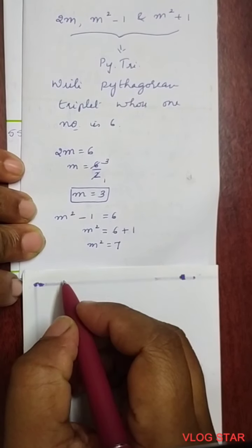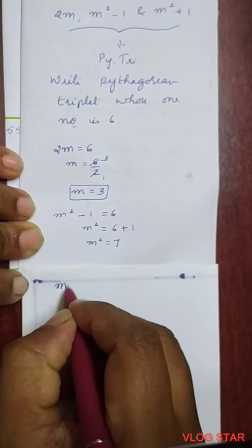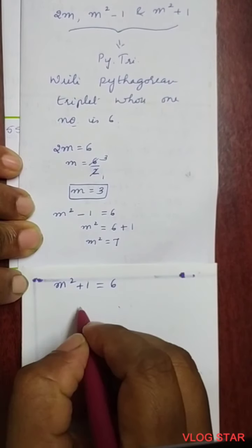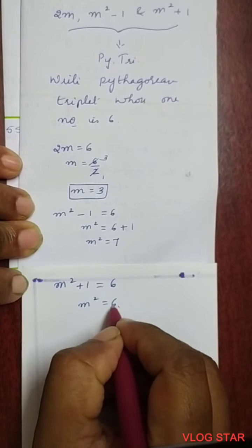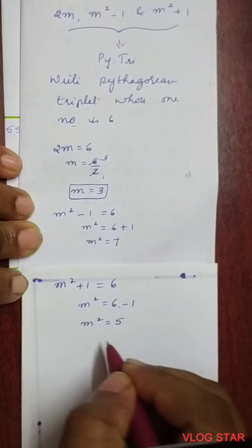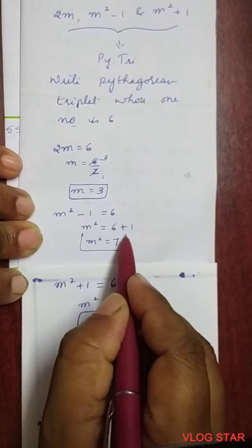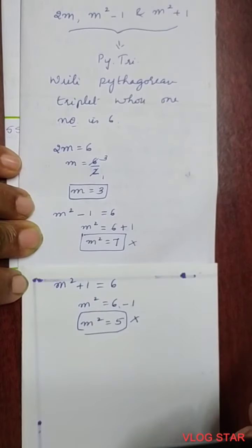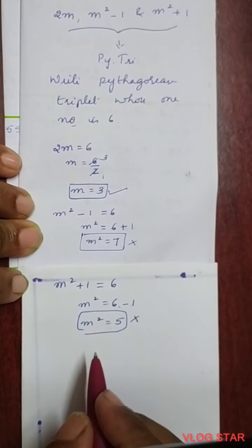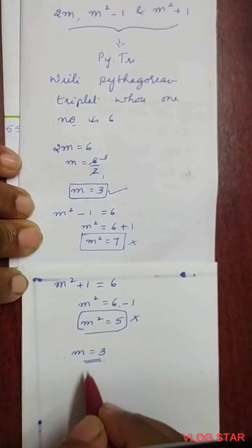Third step, m² + 1 equal to 6. So m² equals 6 minus 1, m² is equal to 5. This is also not a perfect square number. So which answer can we take? m is equal to 3 we can take.